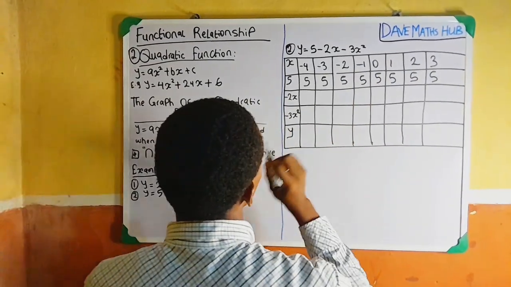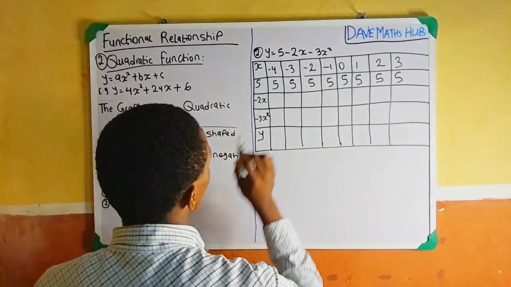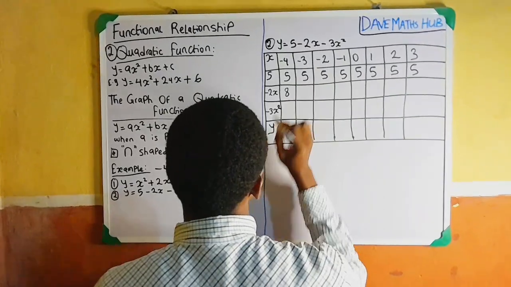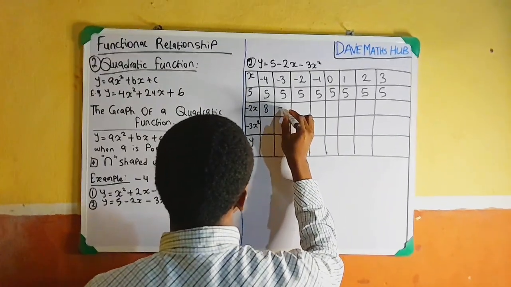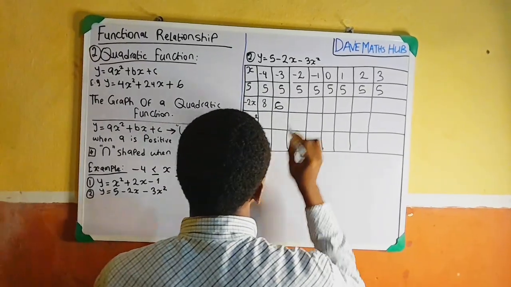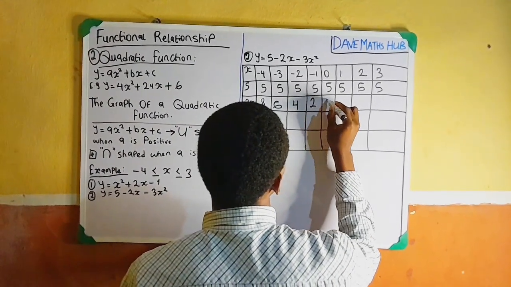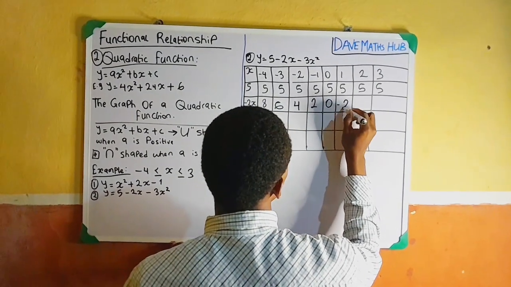So minus 2x: minus 2 times minus 4, minus times minus is plus, 2 times 4 is 8. Minus 2 times minus 3 is 6. Alright, this is 4, this is 2, this is 0. Minus times plus is minus, 2 times 1 is 2.